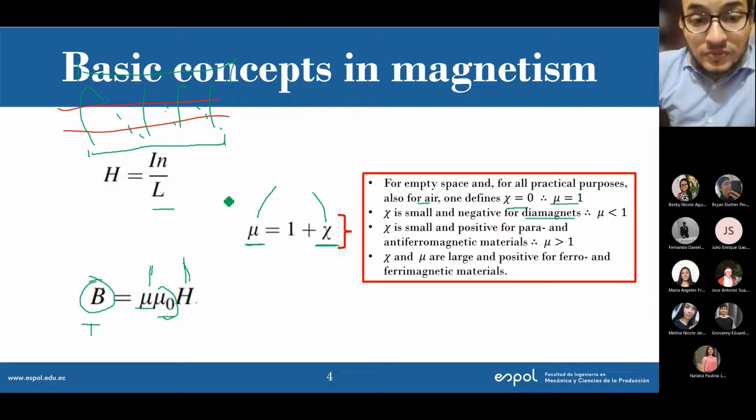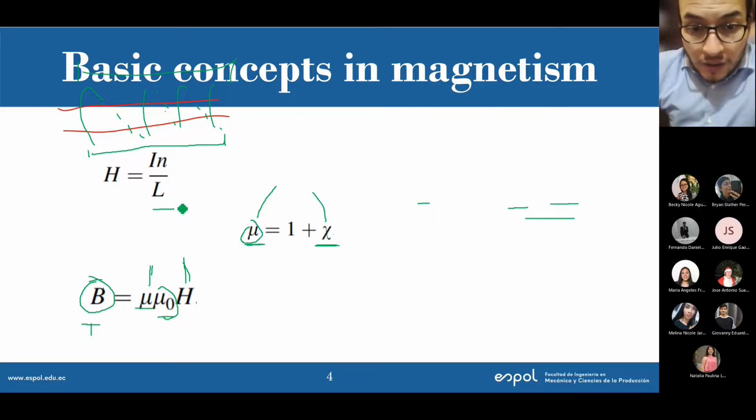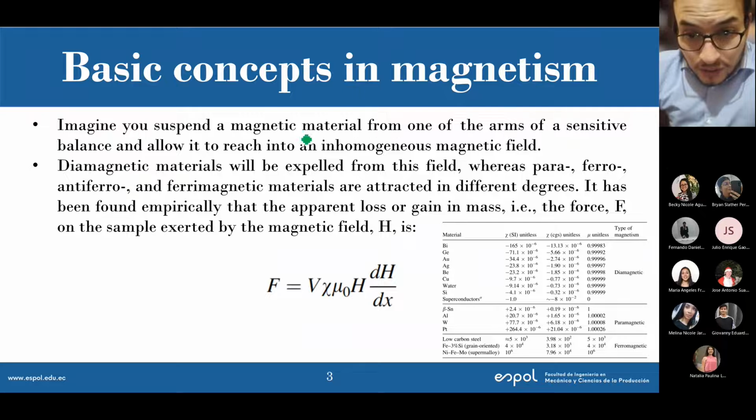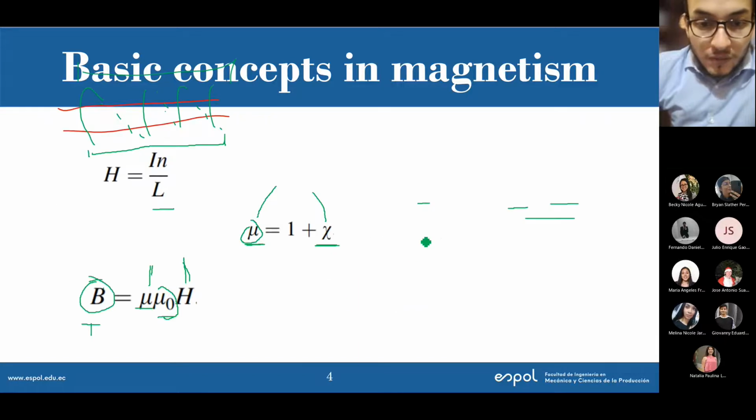What does that mean? That mu, the permeability, is less than 1. And you can see the table here. For diamagnets, you can see the values for chi, very, very small. But as we said, mu is less than 1, because they're also negative. That's for diamagnets, okay?